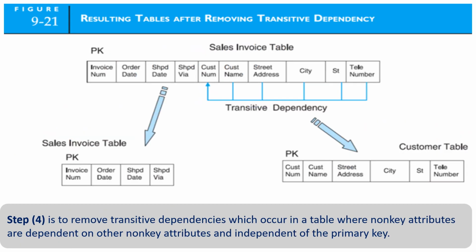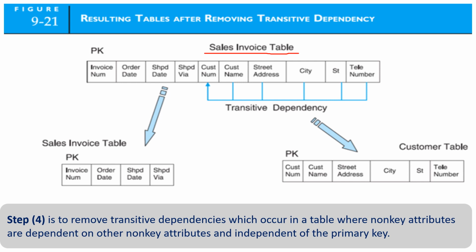In step 4, in the normalizing process, we should remove the transitive dependency, which happens in a table where non-key attributes are dependent on other non-key attributes and independent of the primary key. Okay, so here we see the redundant table, the sales invoice table, which we separated in the beginning in step 2.